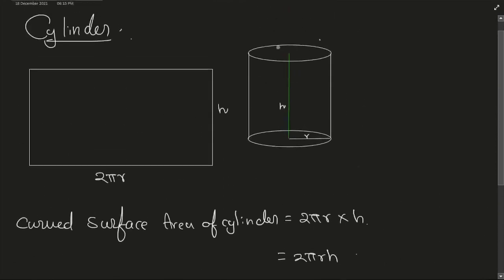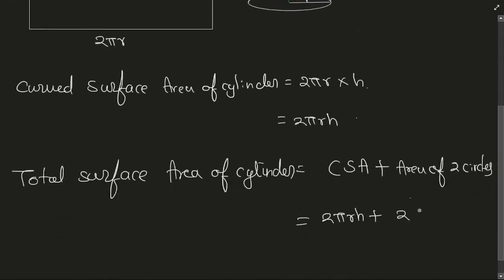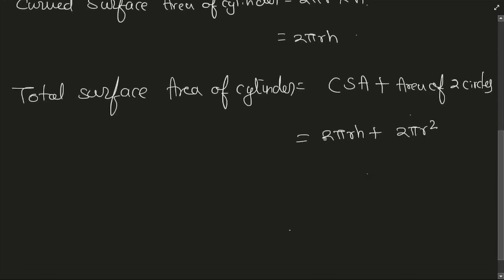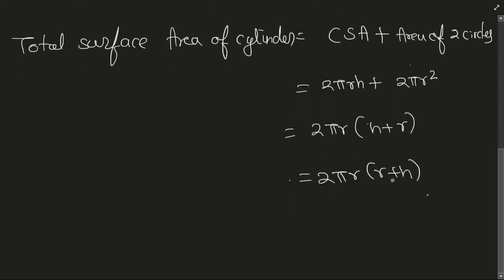And what is the area of a circle? pi r square. So for two circles, 2 into pi r square. If you add them, you can take 2 pi r as common in both of them, and what is left is h plus r. So we say it as 2 pi r into r plus h. Understood?